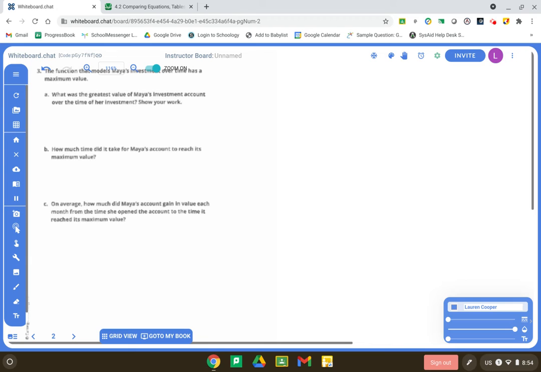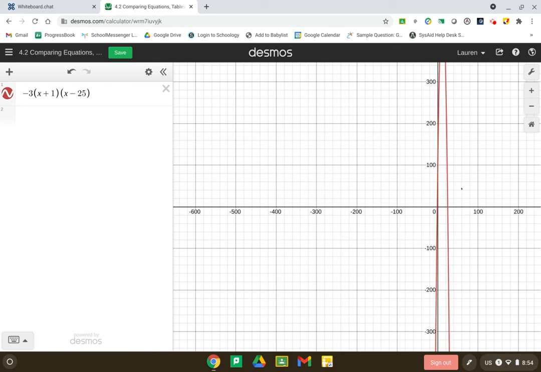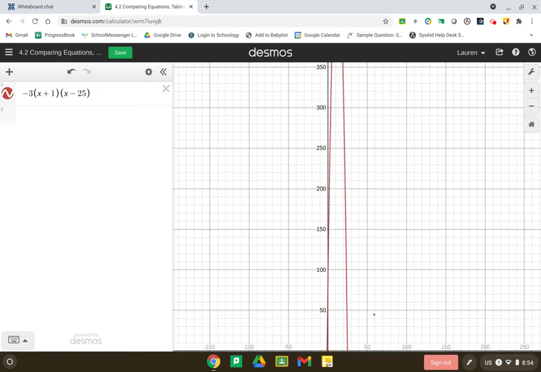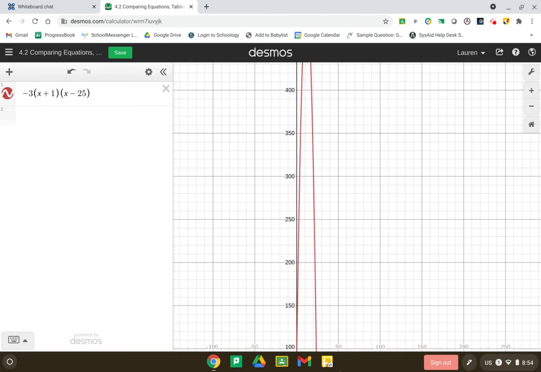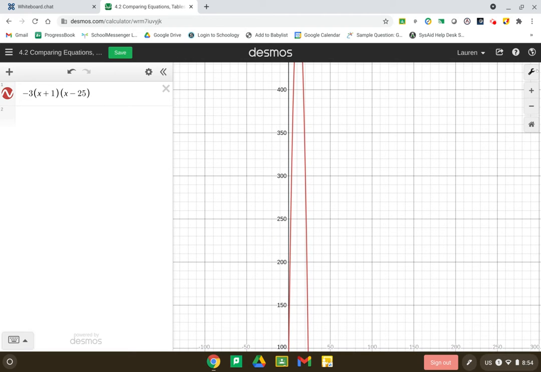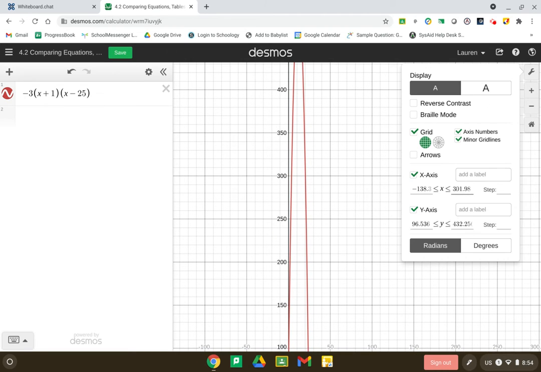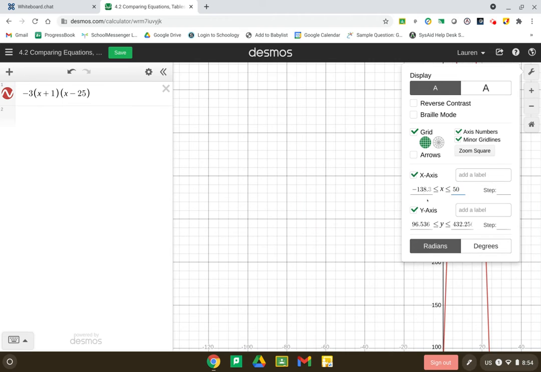Okay. The function models Maya's investment over time has a maximum value, and we saw that here. If we kept zooming out, we talked about how that opens up because of the -3. I'm going to go ahead and change these real quick. I'll have my x's go by 50 at -50.